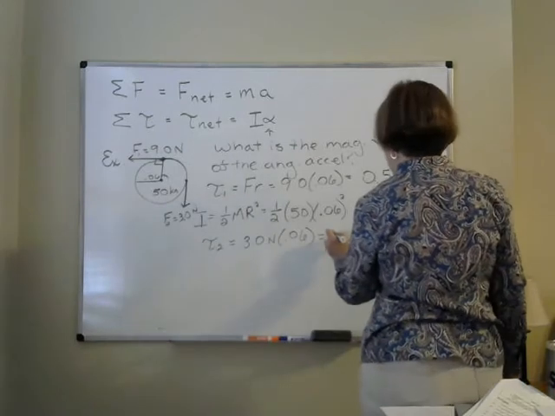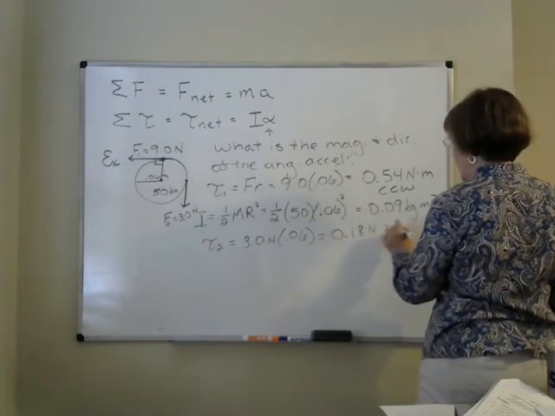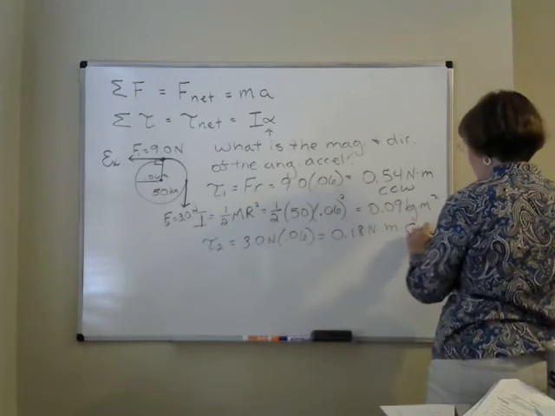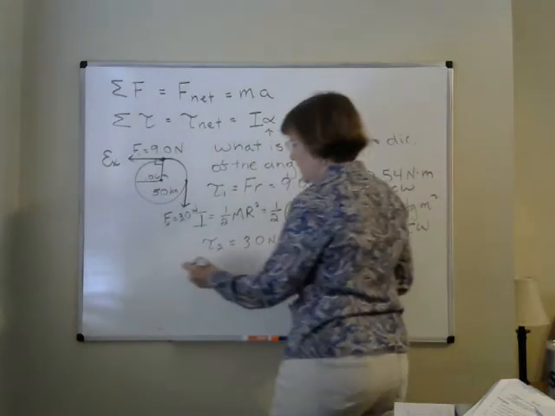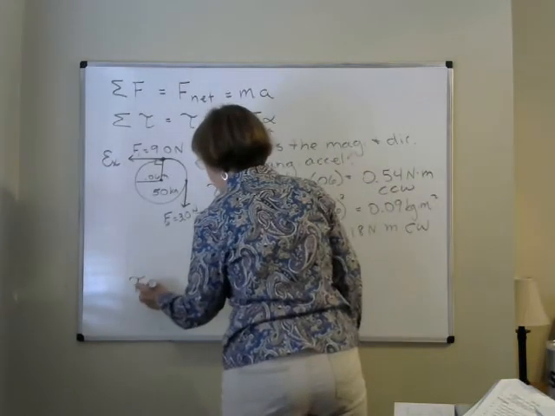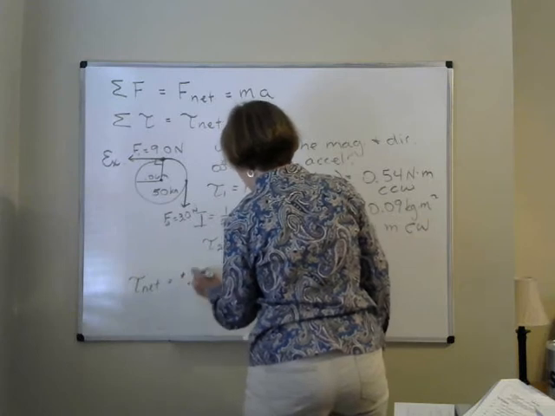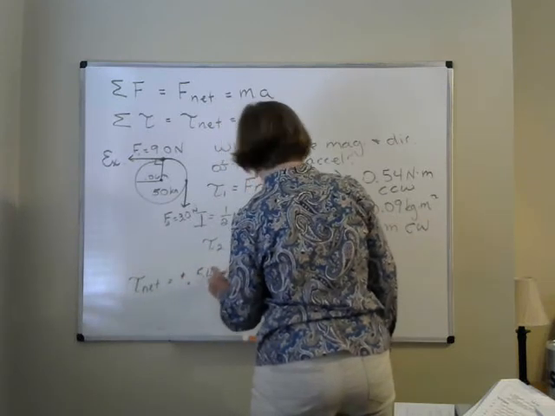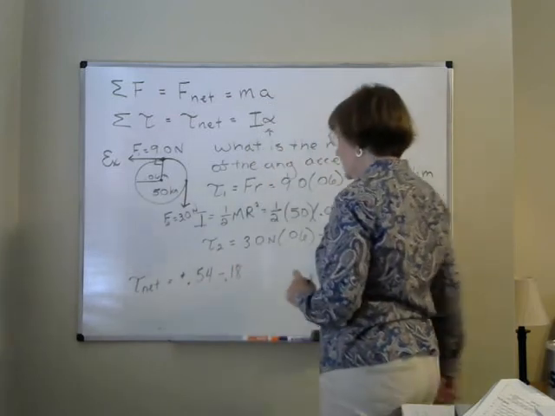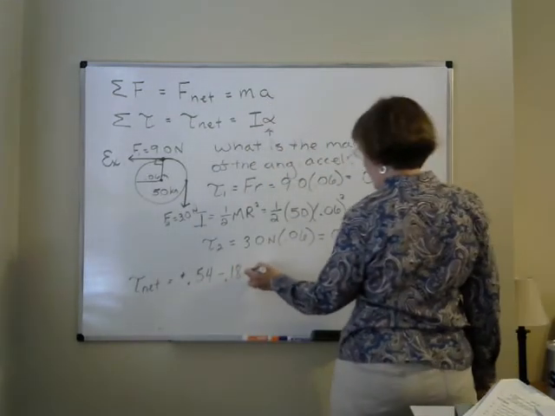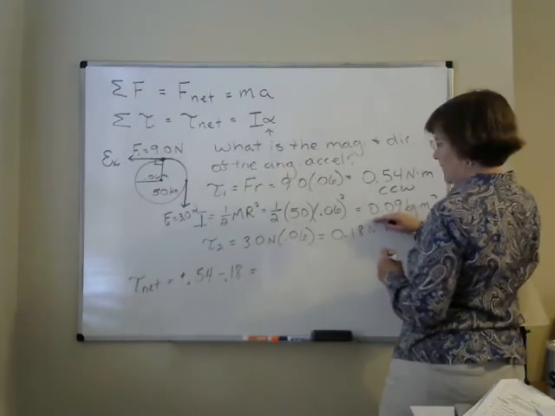That's going to be 0.18 Newton meters, but it's going to be clockwise. We're going to treat this as a negative. That means when I'm ready to get my net torque, it's going to be a positive 0.54 and a negative 0.18. That's actually going to be 0.36, and that has to equal I alpha.